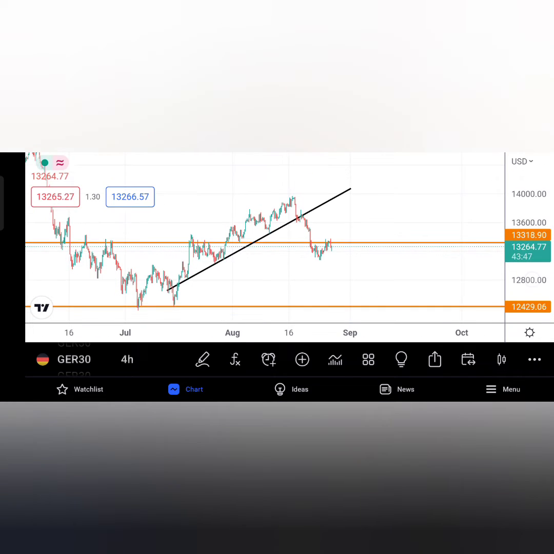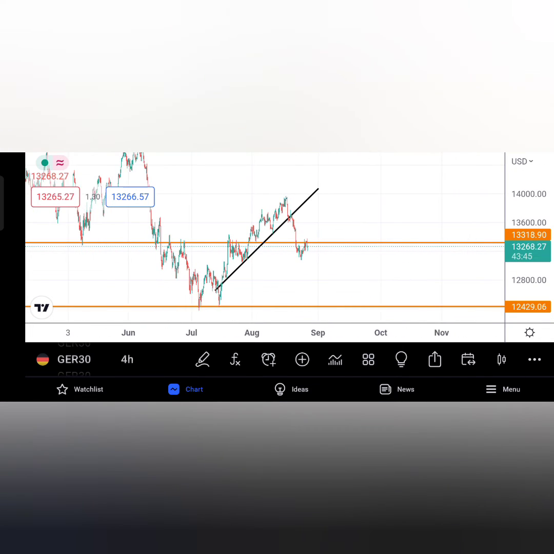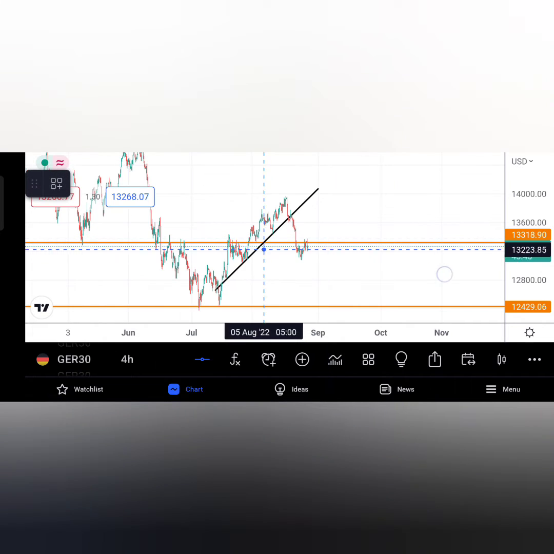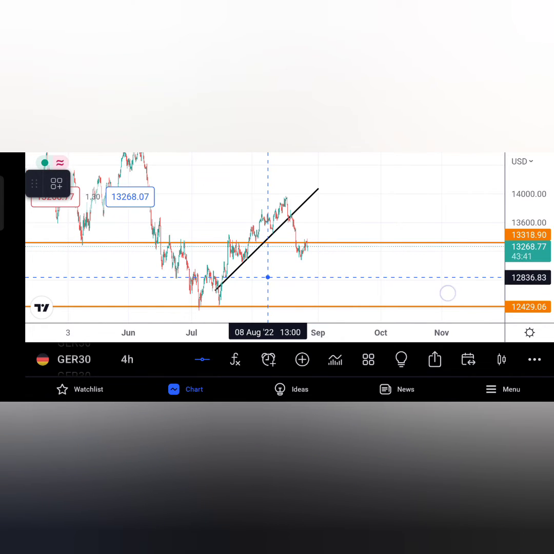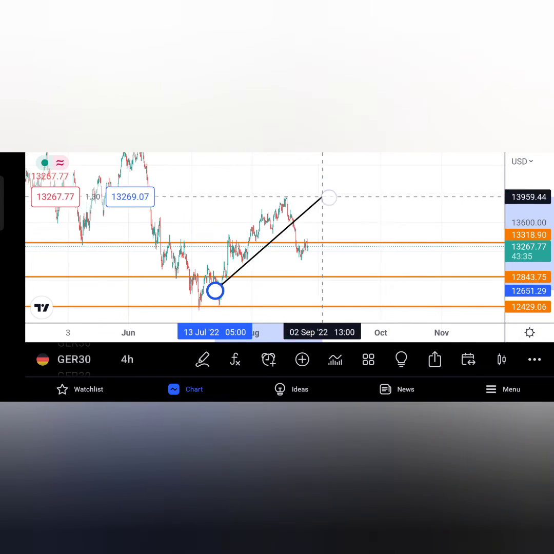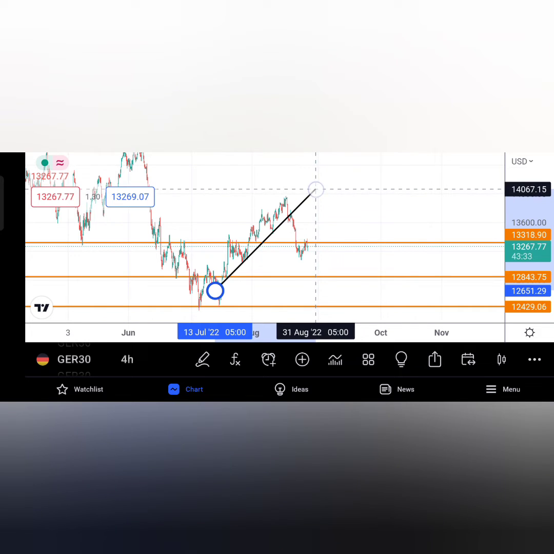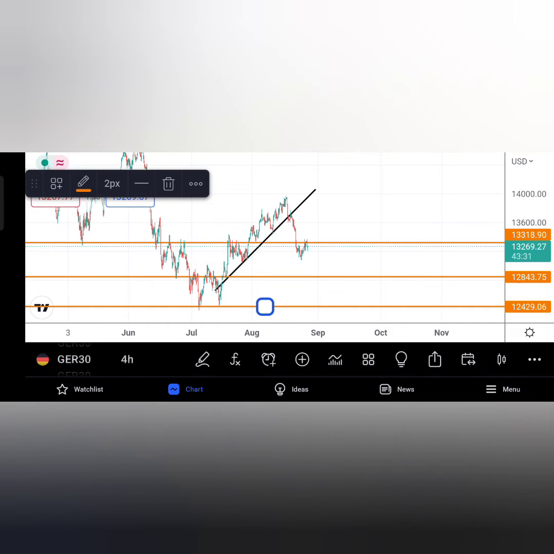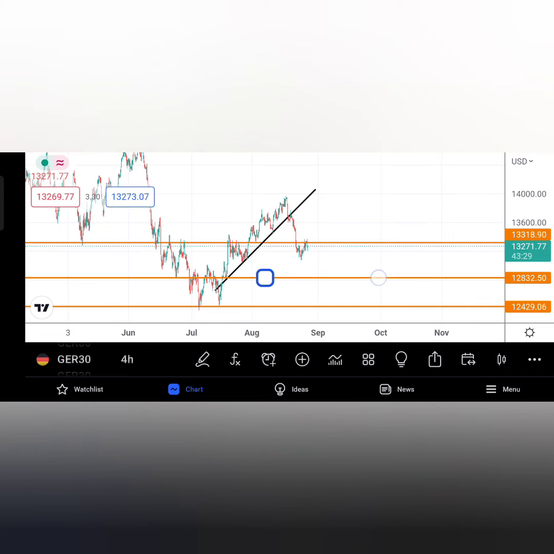Most of you guys know the 90% rule, in which we know that the market is going to reach where the trend started. If it breaks a trend, like it broke this trend, it's going to come down to where the trend started, which is this level right here.